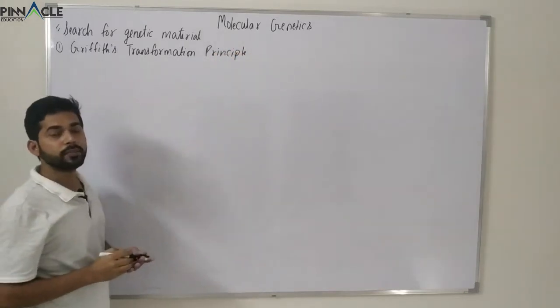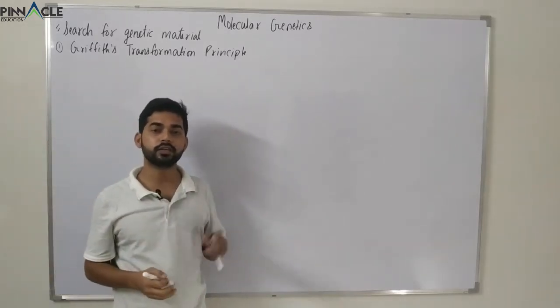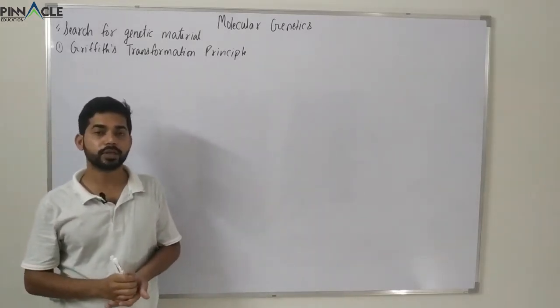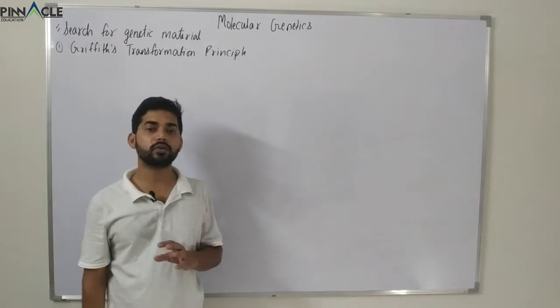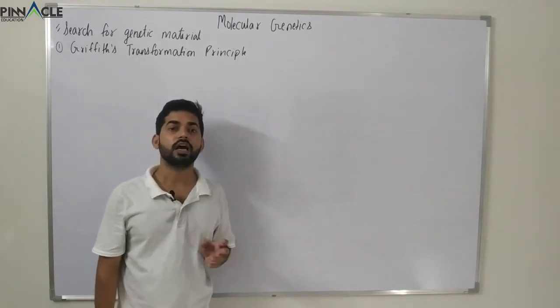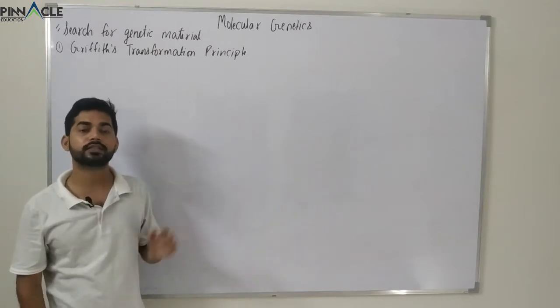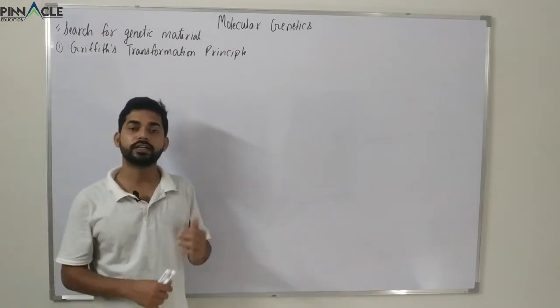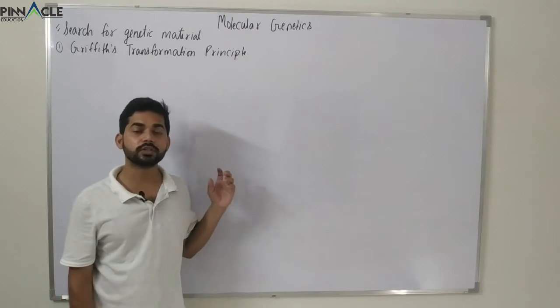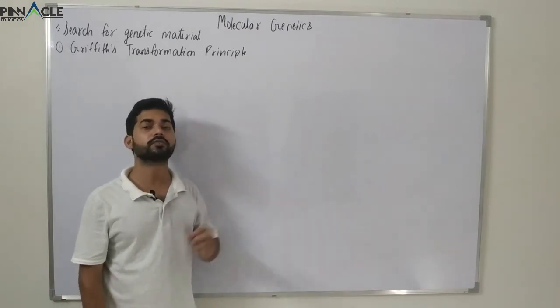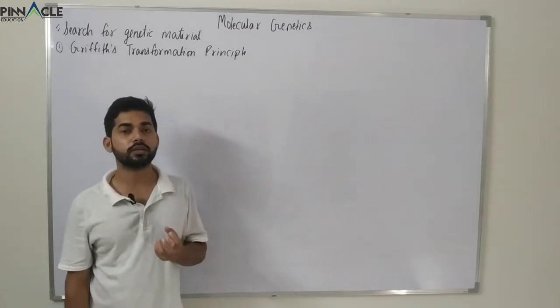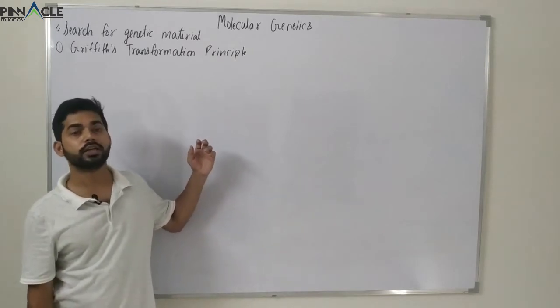Many scientists were researching this phenomenon and searching for the genetic material, but we mainly have to study the experiments of three. The first experiment we have to study is Frederick Griffith's experiment. He was experimenting on a lot of things, but one of them was Streptococcus pneumoniae, also called Diplococcus.